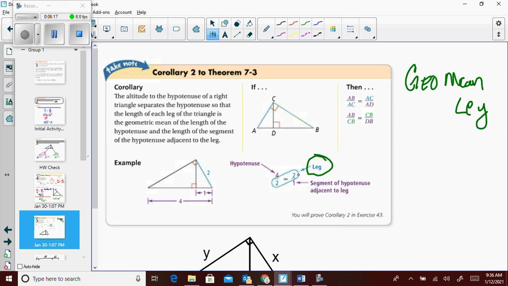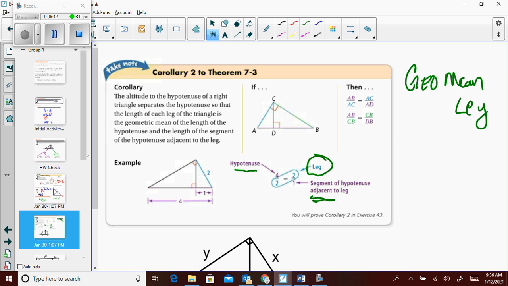If I have the leg, it's equal to the geometric mean of the hypotenuse and the adjacent piece. See how one is adjacent to the leg. So it's always going to be the leg. The leg is the geometric mean of the hypotenuse and the adjacent piece.